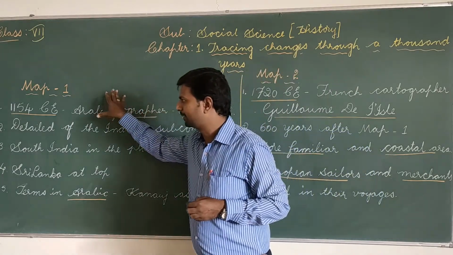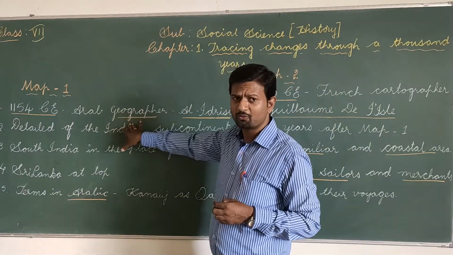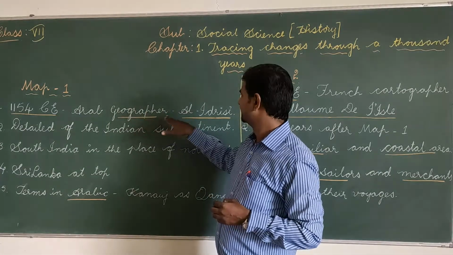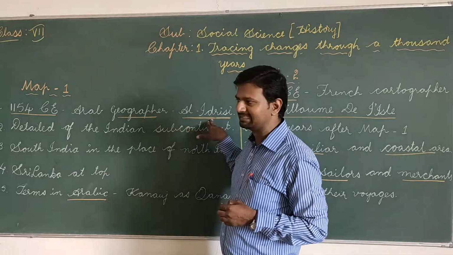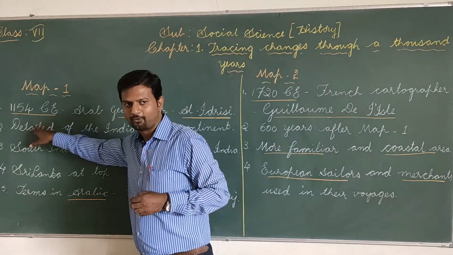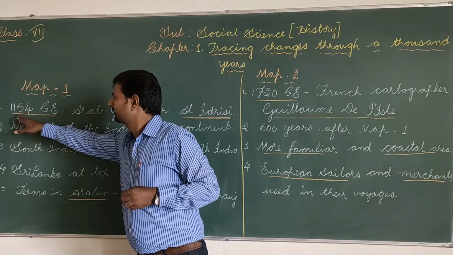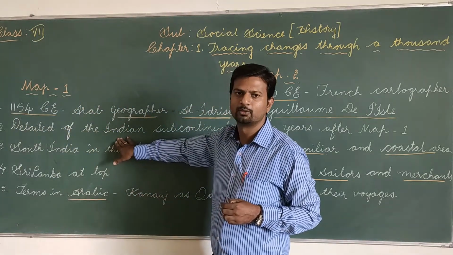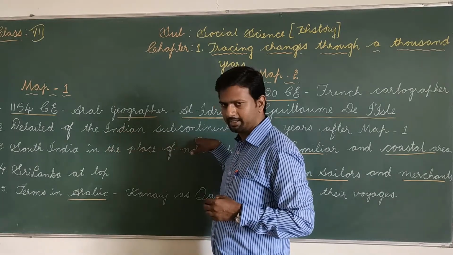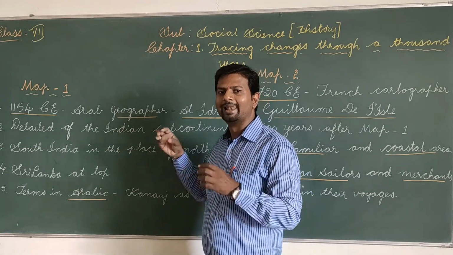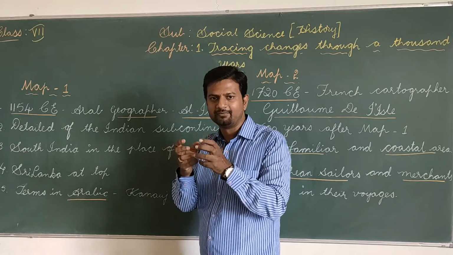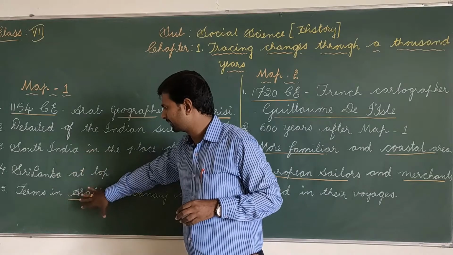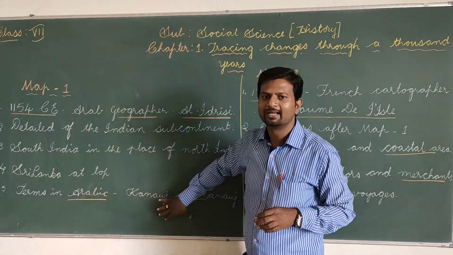So the first map was formed by an Arab geographer, Al-Idrisi, in 1154 CE. He gave details about the Indian subcontinent in the map, but less information overall, and the terms are all in the Arabic language.